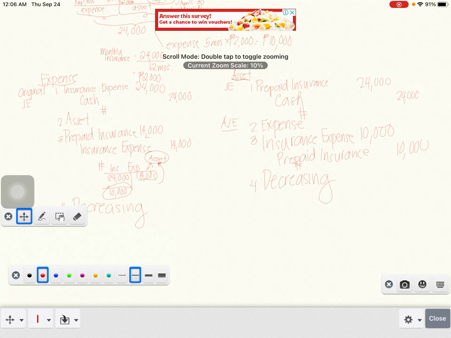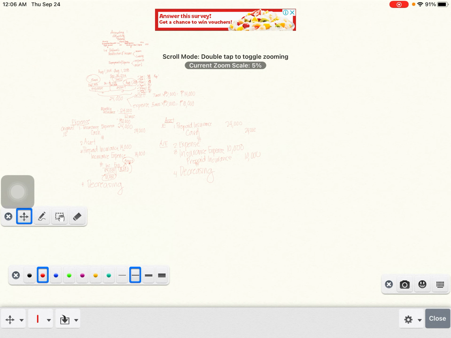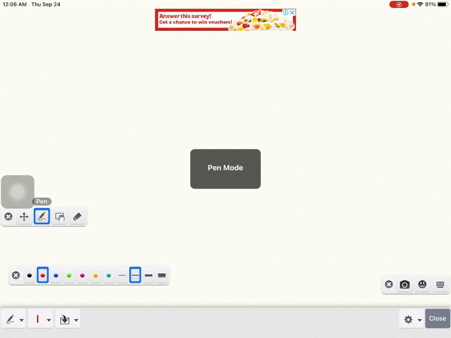So let's have 7-6. For 7-6, we have here the problem of Nestor Alegre, wherein he has insured his truck and building.